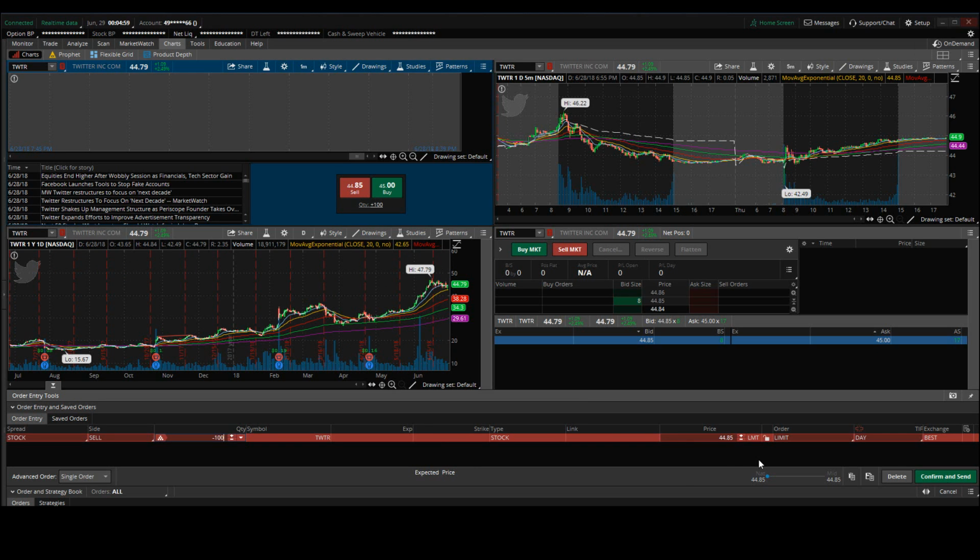Now, let's just say you were selling 100 shares and you have a limit order in, but you don't want to take $44.85. You want to take $45. That's basically saying that $45 is the minimum that you are willing to accept to sell each one of these shares.